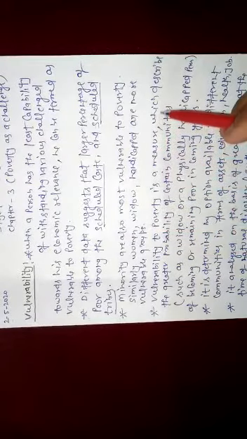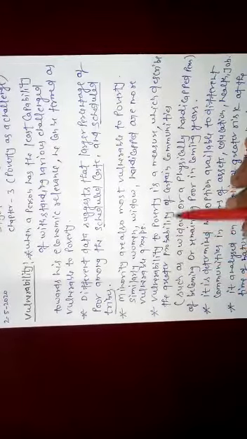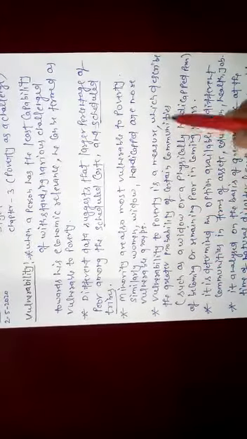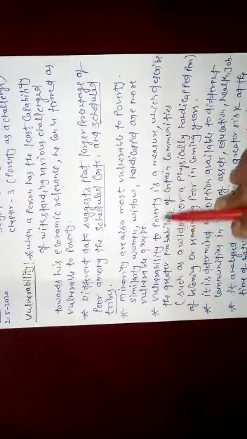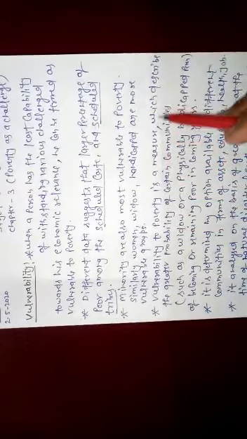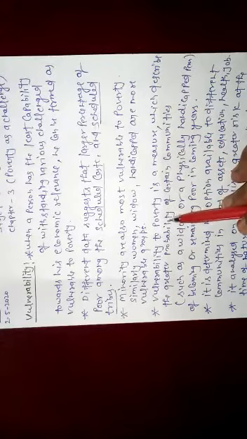Vulnerability to poverty is a measure which describes the greater probability of certain communities being poor. Basically, vulnerability is a type of measurement that can be easily identified.